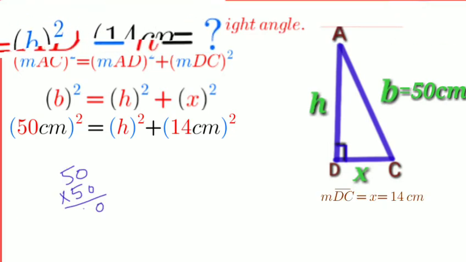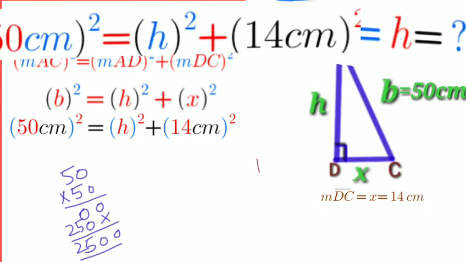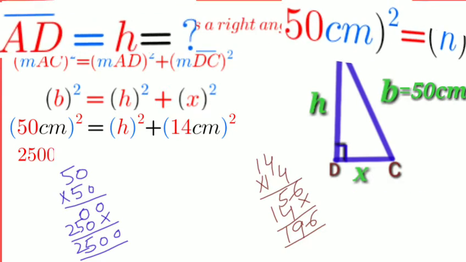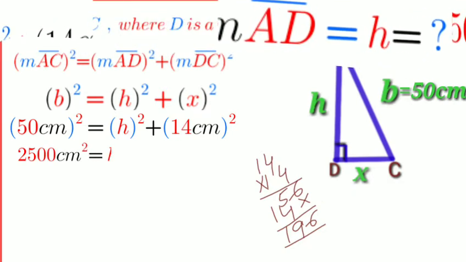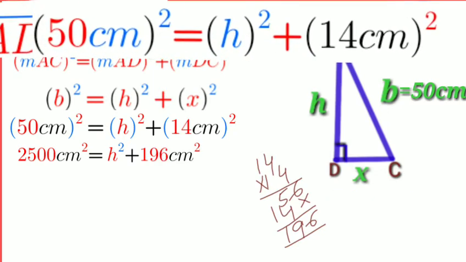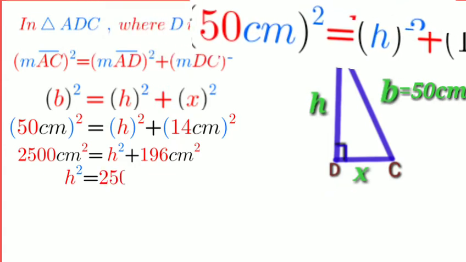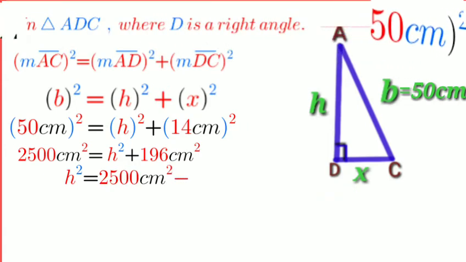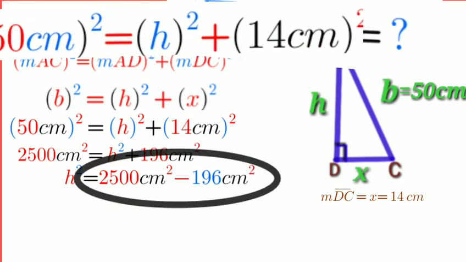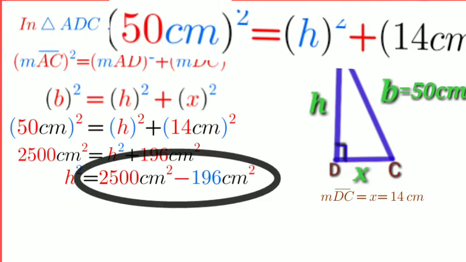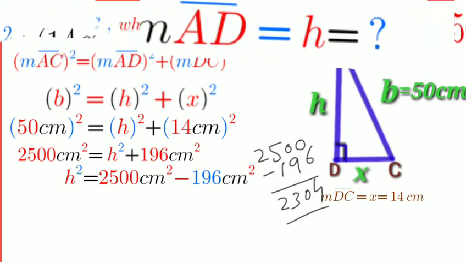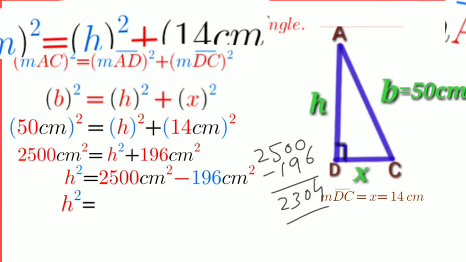Square of 50 centimeters is equal to 2500 square centimeters, and the square of 14 centimeters is equal to 196 square centimeters. It can also be written as h square is equal to 2500 square centimeters minus 196 square centimeters. The difference of 2500 and 196 is equal to 2304.